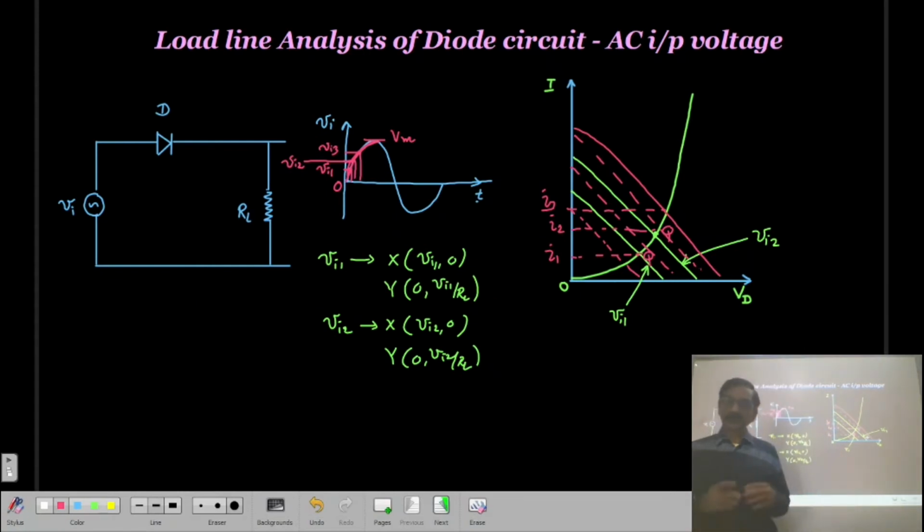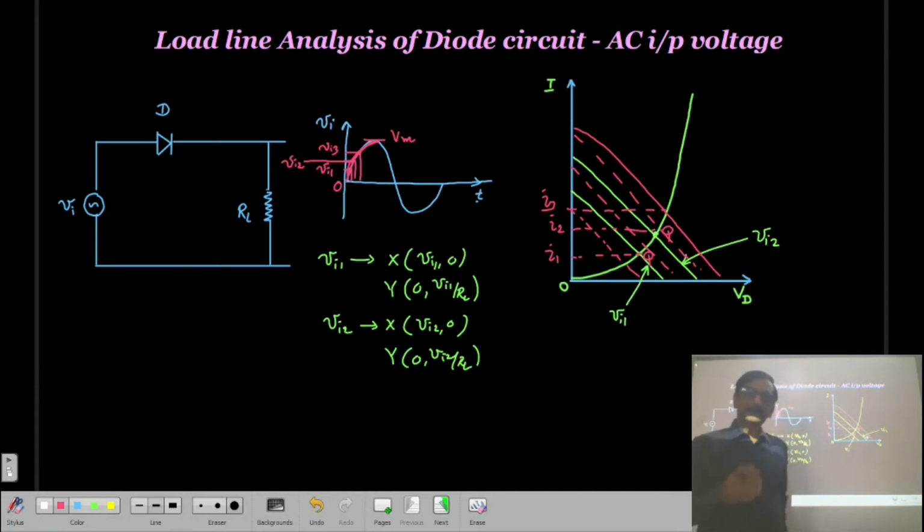So this technique is a laborious technique, because you can have an infinite number of lines. Every time the input voltage changes, I have to draw a line. So a large number of lines will be there and it is laborious.